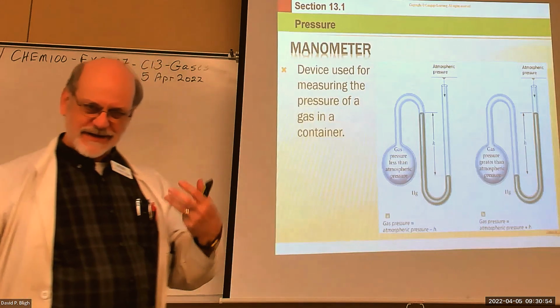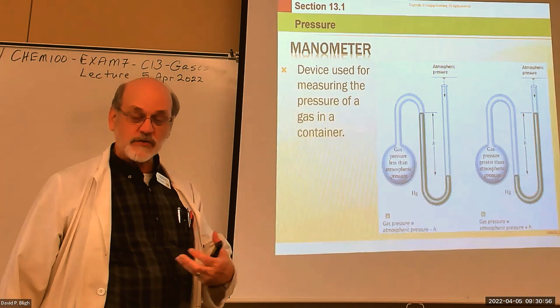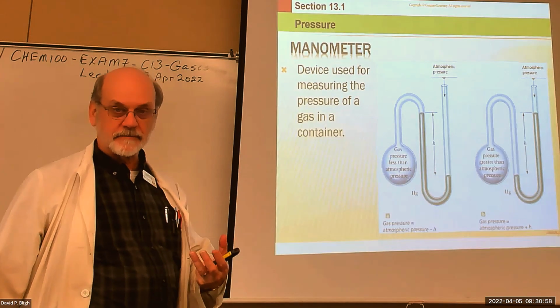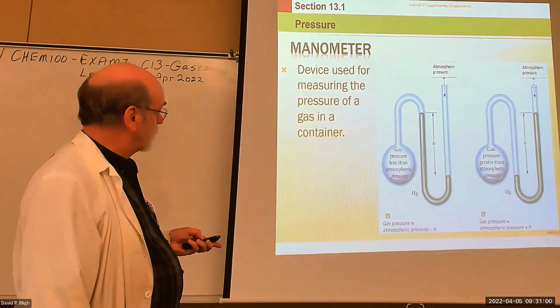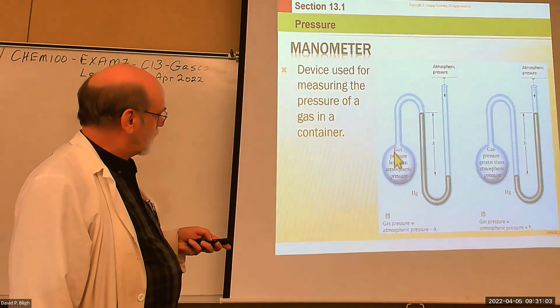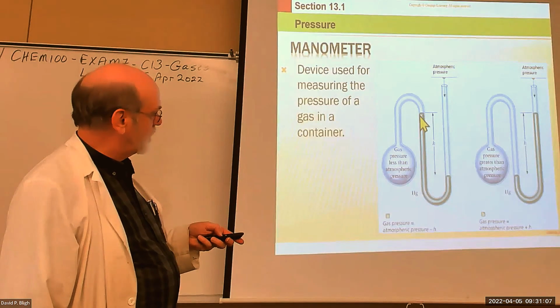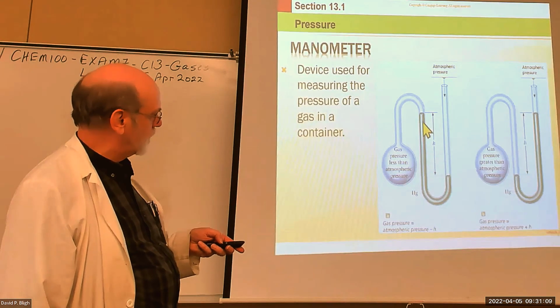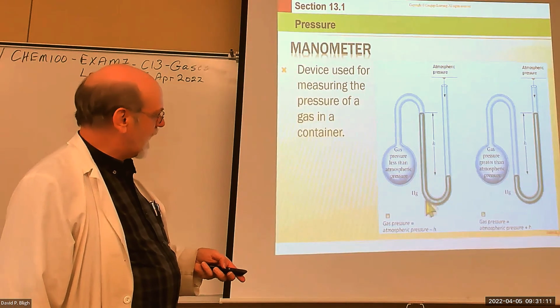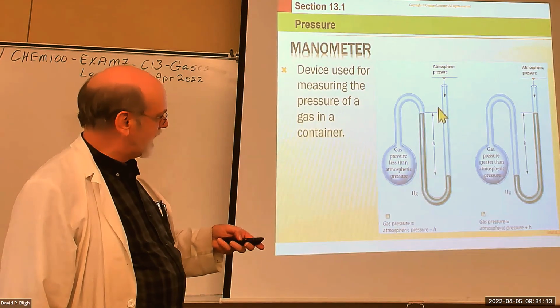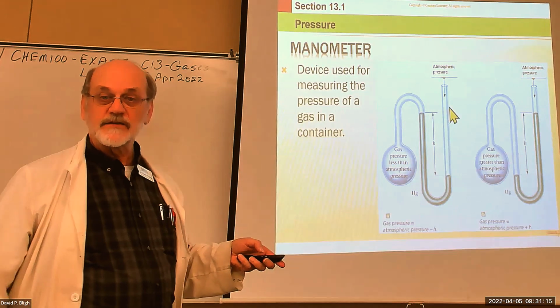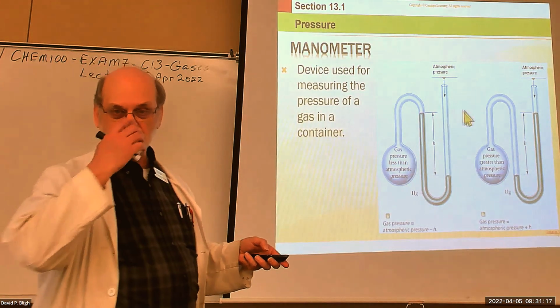It's a device that uses Torricelli's principle to take the pressure of the gas bearing down on this column of mercury, and the difference between this level and that level is the pressure of the gas.